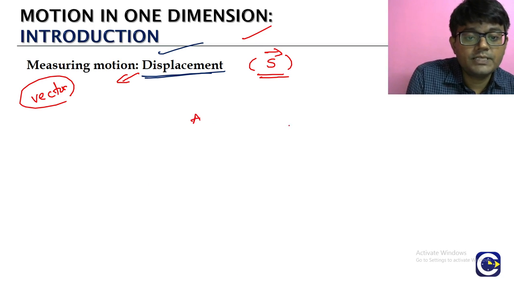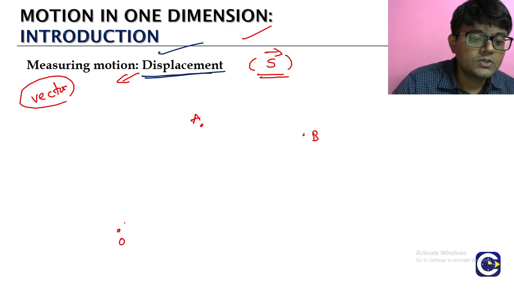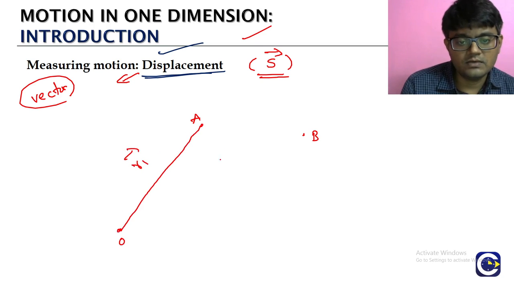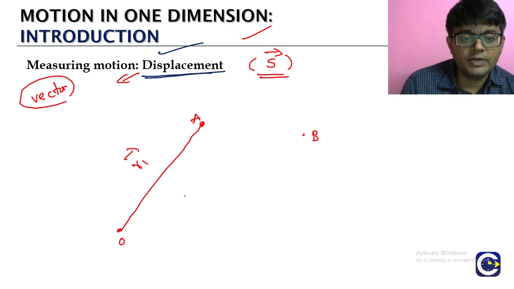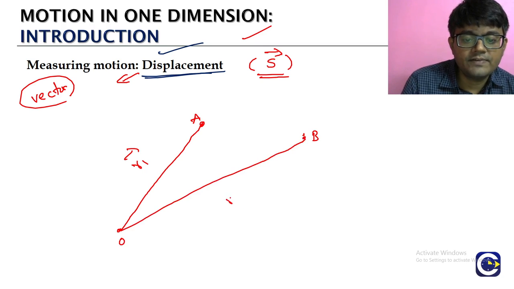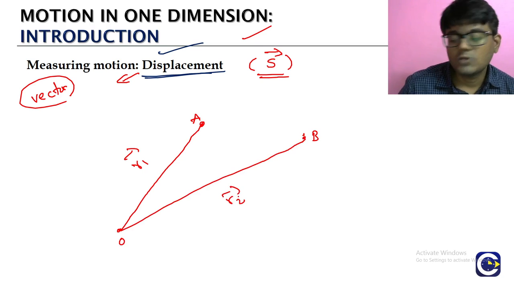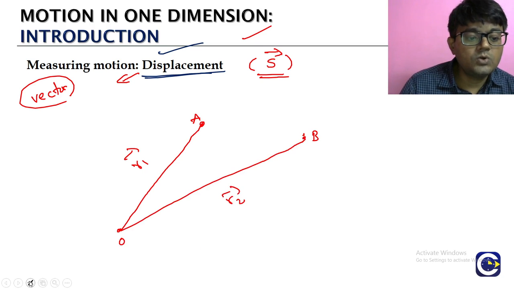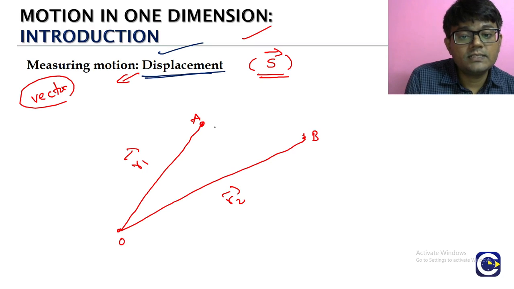Say the object is moving from A to B. We will have the origin. If you look at the initial position vector as R1, when the object is at point A, the final position vector is given by R2. And how do we represent the displacement vector?